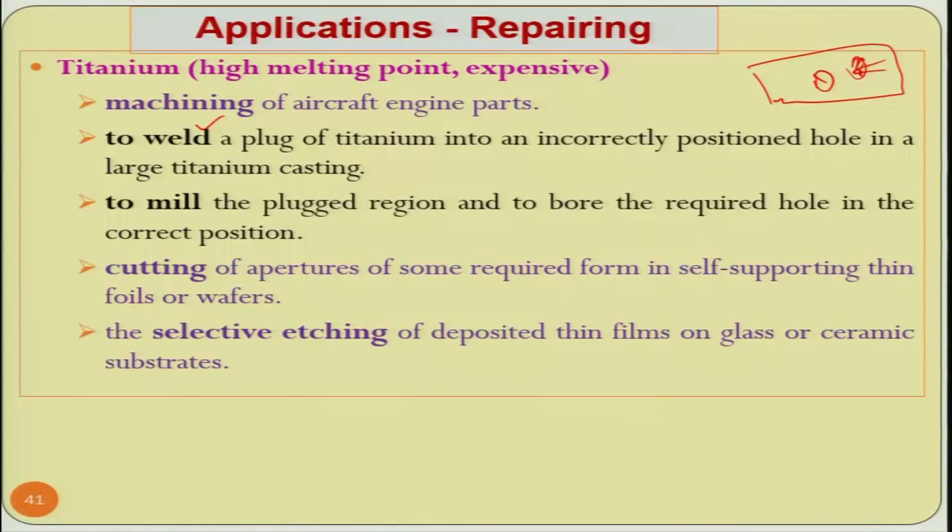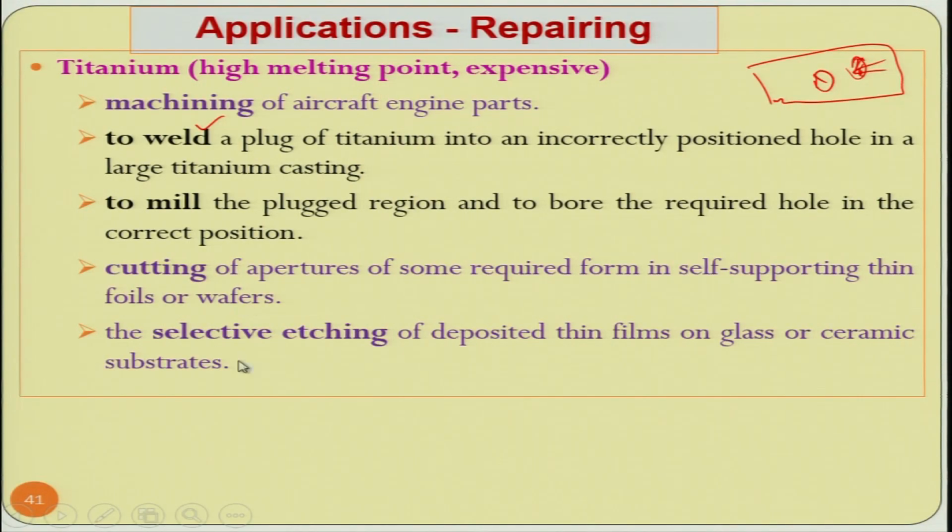But processes like electron beam micromachining, laser beam micromachining, or even ion beam micromachining can be used. When you are going for nano machining, you can use these processes effectively and comfortably.